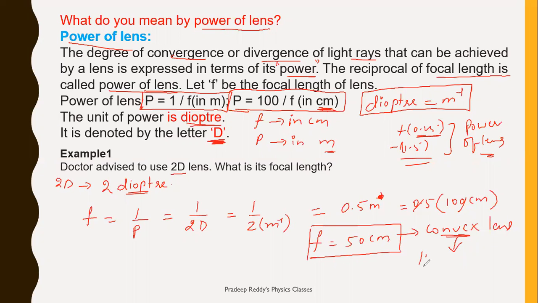The defect is hypermetropia, which is nothing but long sight. So if a doctor is advising you to use a 2D lens, it means you are suffering with hypermetropia, that is long sightedness, and you should use a convex lens to correct it.